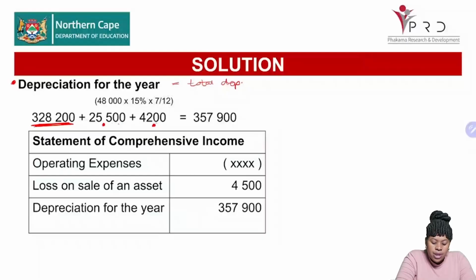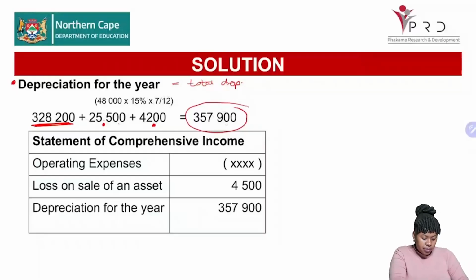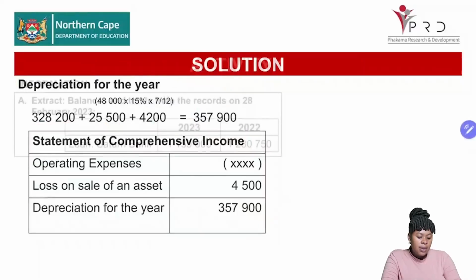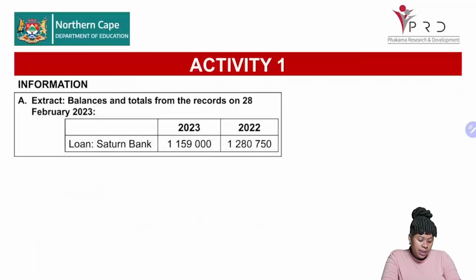Then you add the 3 depreciation amounts to give us our total depreciation, meaning the depreciation for the year. Then it means that under our operating expenses, we are going to have a loss, our depreciation for the year of 357,900. Okay, so that is how we are going to indicate it in our statement of comprehensive income.